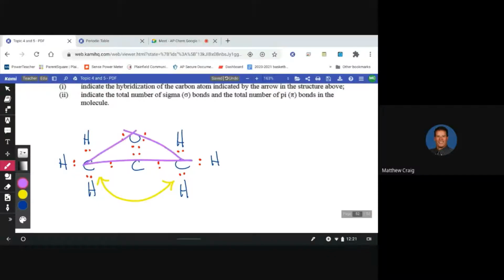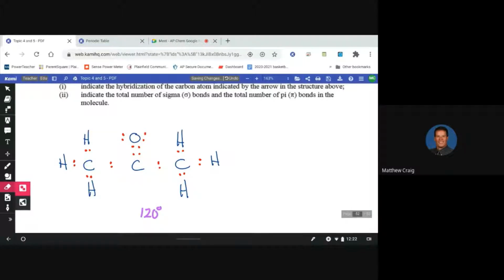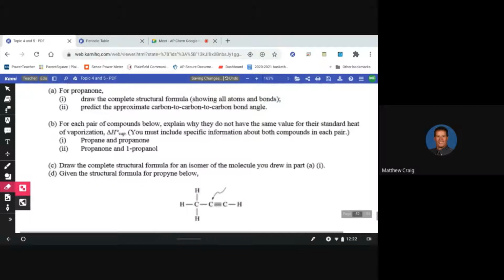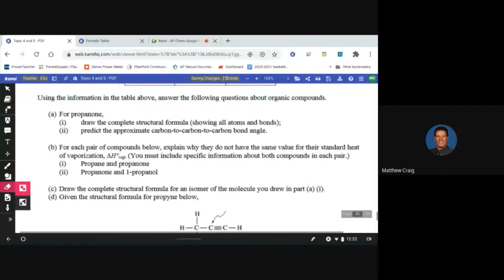What is the shape around the central atom, carbon? Trigonal planar. Therefore, the bond angle is 120. You were correct. Okay. That was tough.